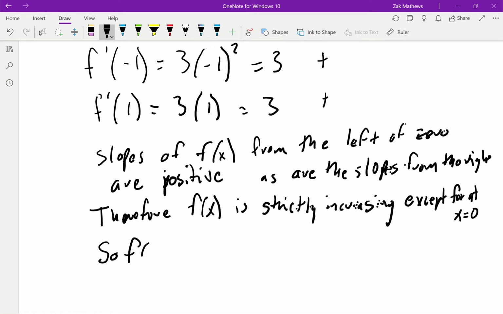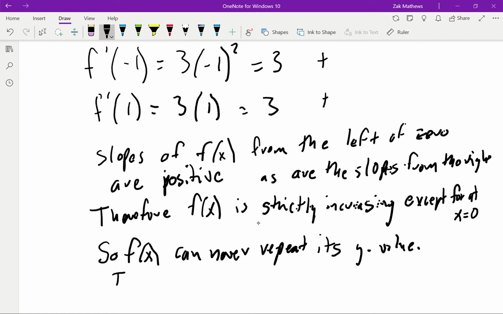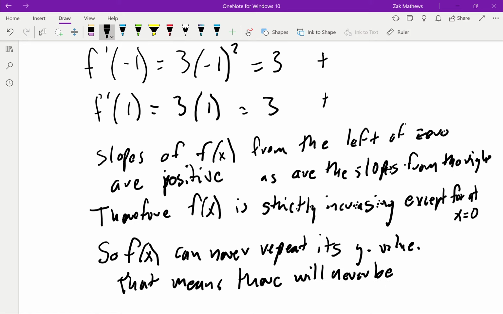So f of x can never repeat its y value. That means there will never be an f of a that is equal to an f of b.